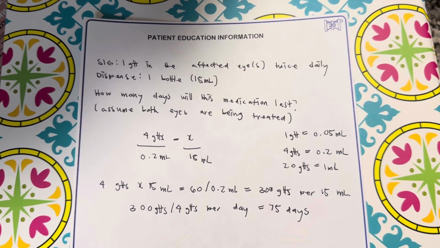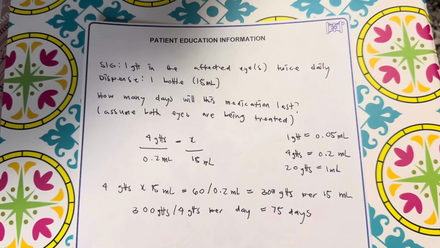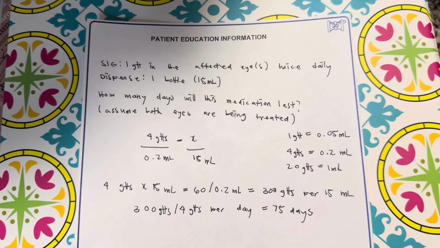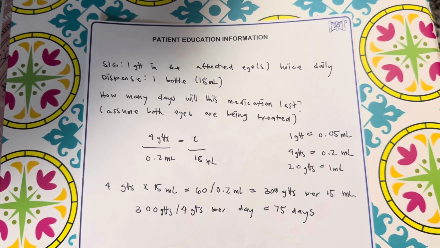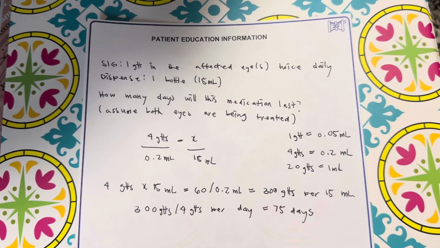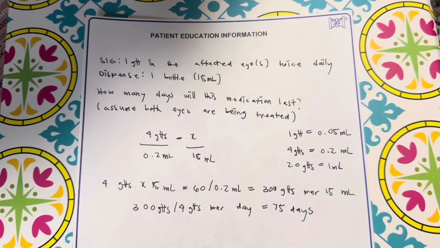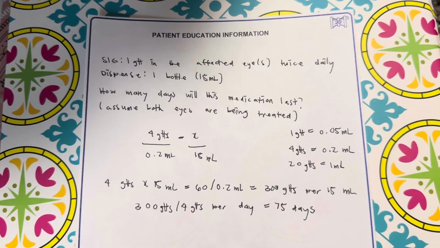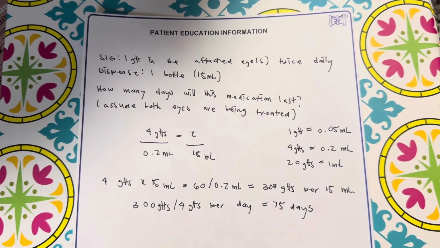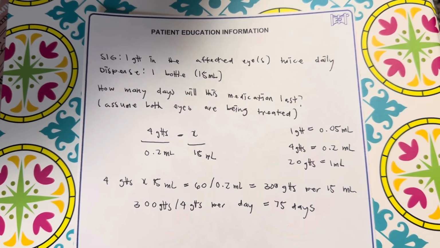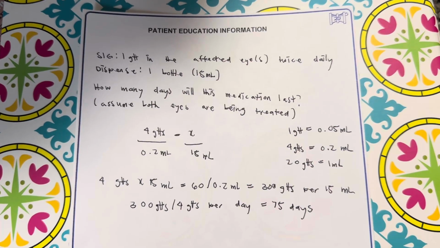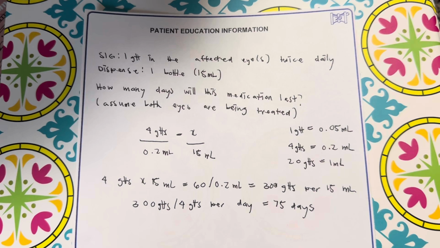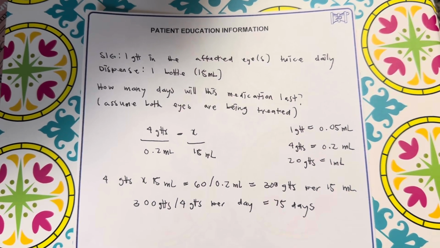To get to that, you could do 1 drop divided by 20 drops, which is equivalent to 0.05. That's not what they're going to take, but the same goes for what they're taking, 4 drops. So 4 divided by 20 is 0.2.